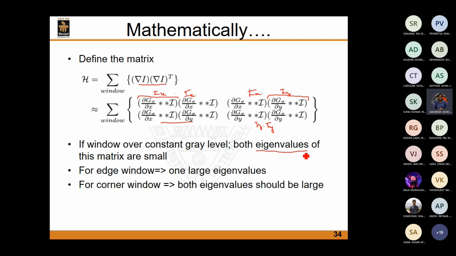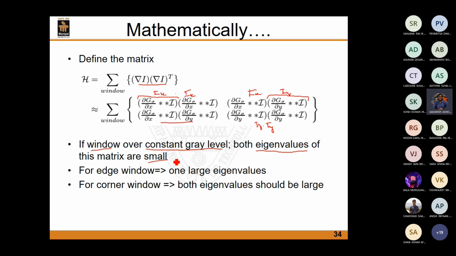Just like in the previous case, where a small ellipse has major and minor axes with very small values, correspondingly the eigenvalues of this matrix would also be small. Then you can say that the window that we are considering is a flat window or a flat region. Flat in the sense it has constant gray level, or more or less, there may be some noise but which may get smoothed out with this.